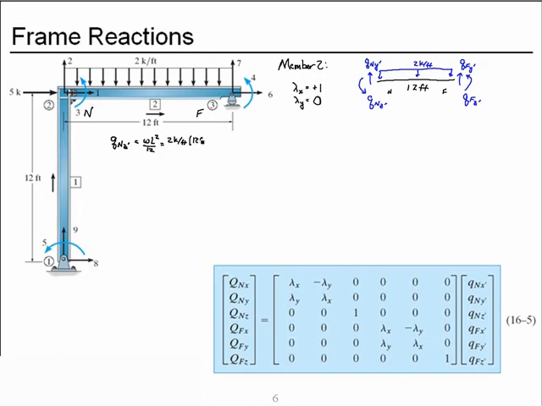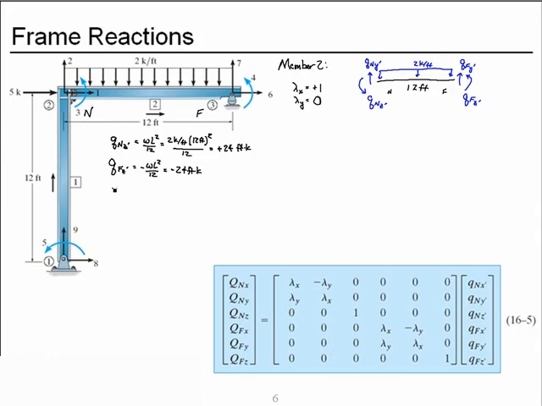Omega L squared over 12, which is a positive 24 foot kips. At the other end, it's a minus omega L squared over 12, and so that's a negative 24 foot kips.